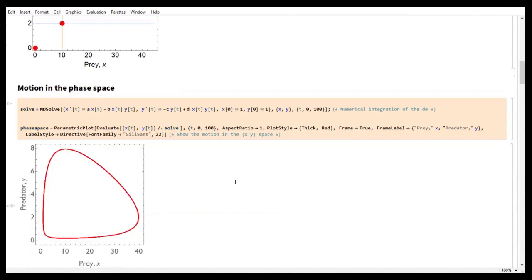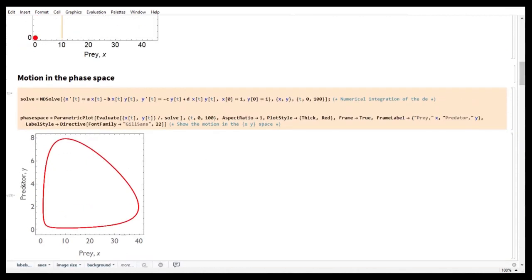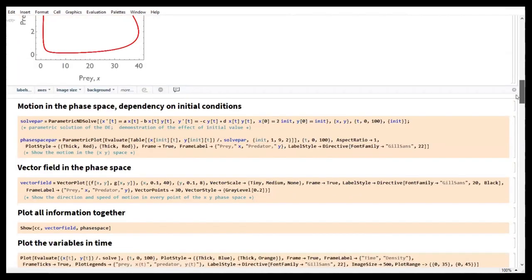And after that, we see what we already know, that there is a closed circle in the phase space, the motion. Okay, so in the predator-prey phase space, this is a closed curve. So this system is solved numerically, the differential equation, and after that it is plotted with the parametric plot command. Okay.